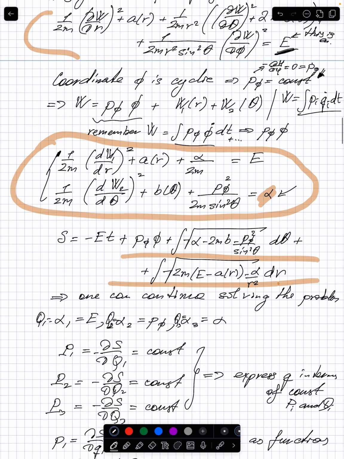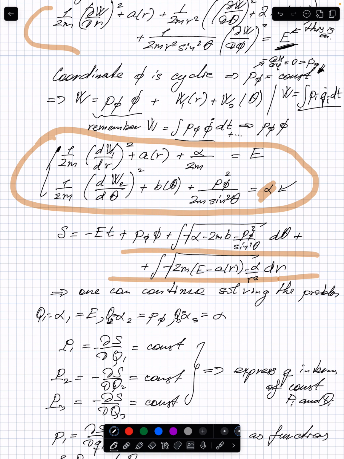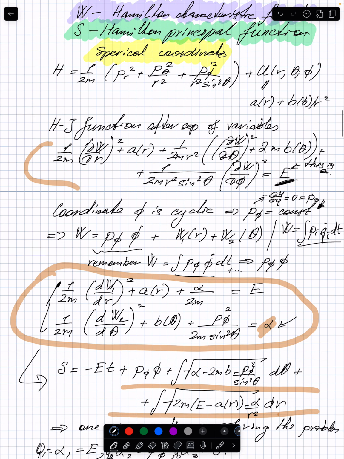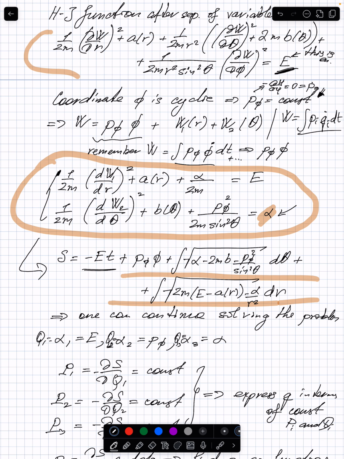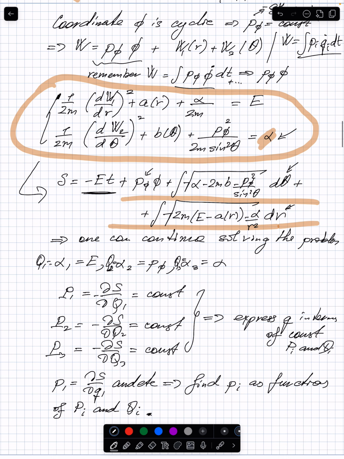All right, so now I can write my entire Hamilton principal function. It will have a trivial component which is given by minus E times t, the other trivial component which corresponds to the cyclic variable, and these two non-trivial integrals with respect to r and with respect to theta. One can continue solving this problem.